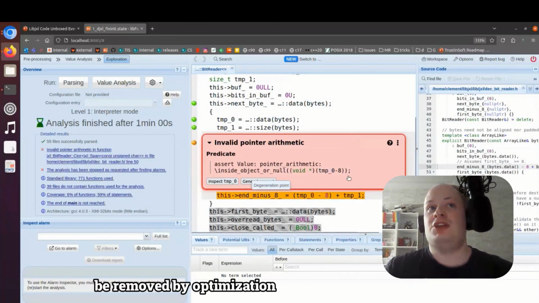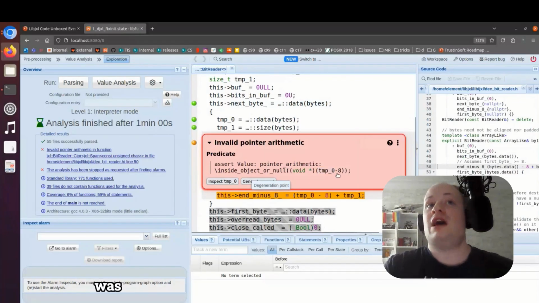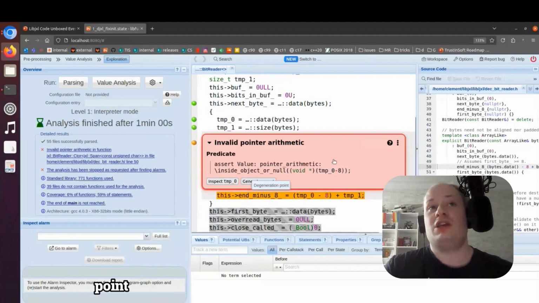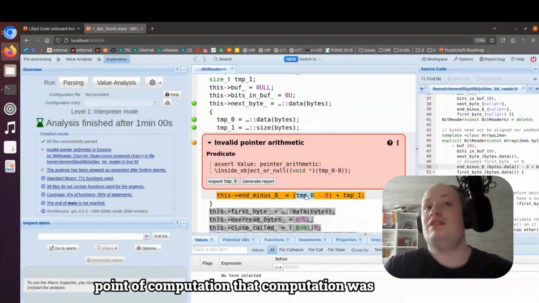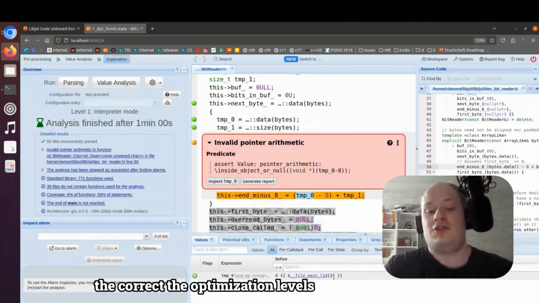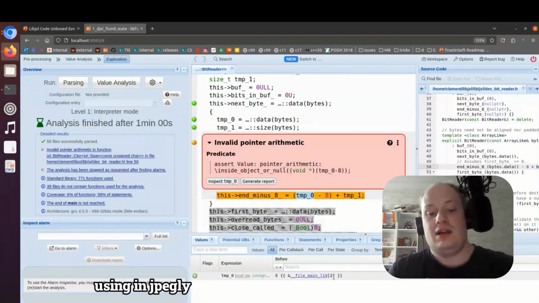It would be removed by optimization. And I guess the developer was relying on the fact that this would be a bad pointer computation. That computation was indeed removed by compilers, all compilers we tested under the optimization levels that they were using in JPEGly.